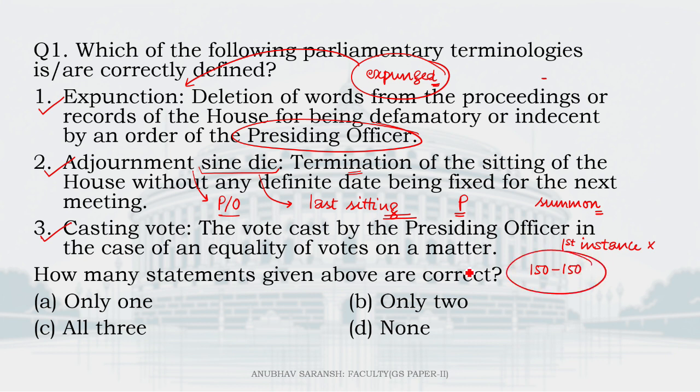Now, in this situation, which we would call a tie, the presiding officer does get the chance to vote, and he can vote either way. This is what you would call a tiebreaker or a casting vote. So all three statements are correct. C, all three, is the right answer.